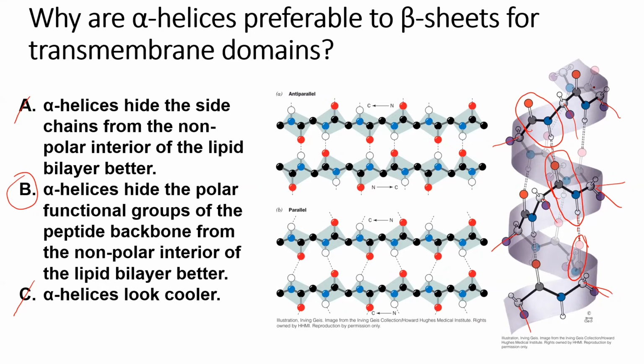So what they're doing essentially is keeping the polar NH groups and the polar CO groups from sticking out into the hydrophobic region of the lipid bilayer. Because if they stick out like that, then that permanent dipole is pointing into the nonpolar region, and that's energetically unfavorable. But if they're parallel to each other, two things happen.